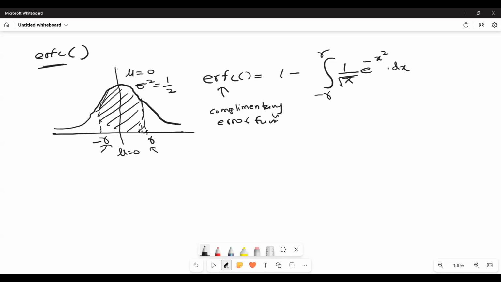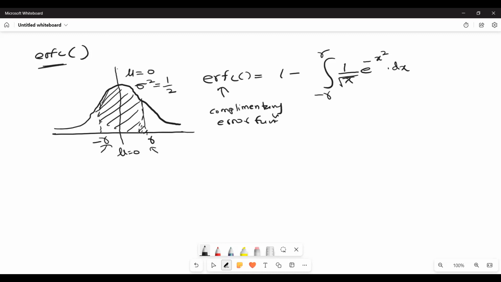The range, of course, varies: it is from minus gamma to plus gamma. So this is the definition of the ERFC. If I want to find the integration between these two points, minus gamma and plus gamma, then I use this integration. I hope that is okay for you.